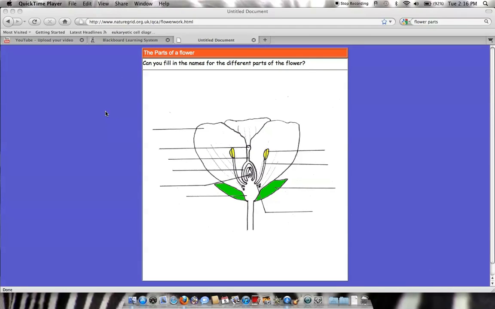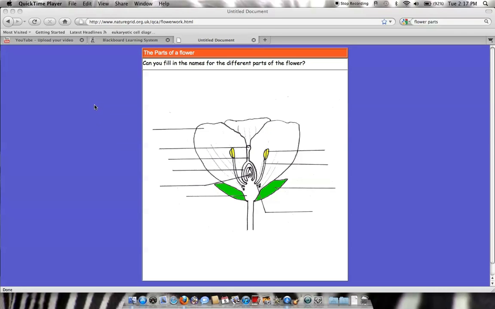Hi everyone. Today we're going to talk about the parts of a flower. This is next on our unit outline after the discussion about cell division and different types of reproduction terminology.